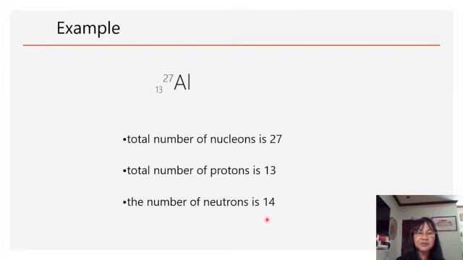For a neutral atom, the number of protons is equal to the number of electrons. A representation like this is also a symbol for an isotope of an element.